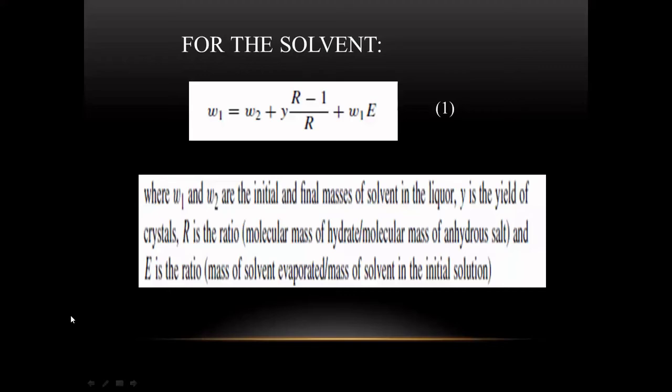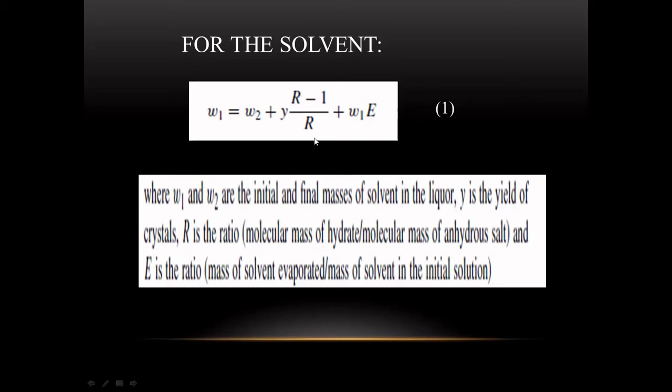When we speak of solvent balances, this is how our solvent in a particular crystallization process balances. Your W1 is your initial solvent in the liquor, and your W2 is your final solvent in the liquor. So W1 is the solvent initially present in your feed to be processed in your crystallizer, and W2 is the solvent present in your final liquor. Now, Y here is the yield of crystals.